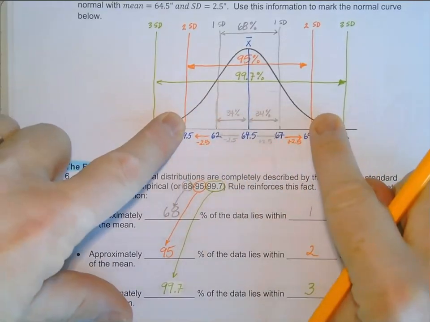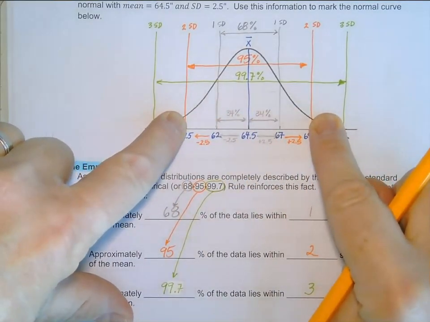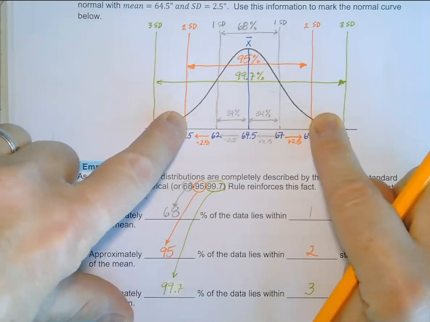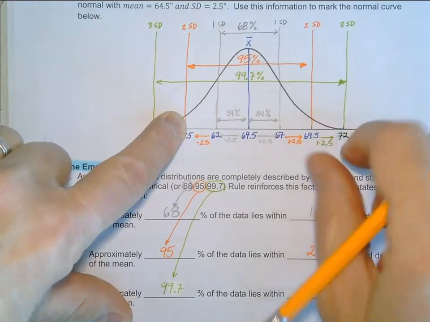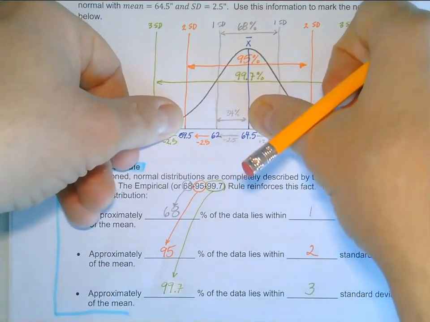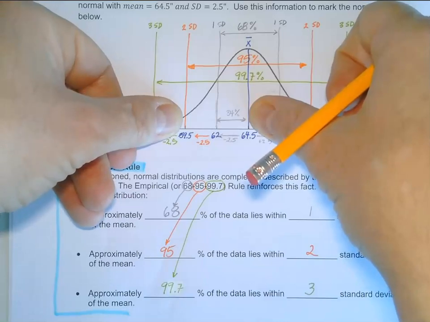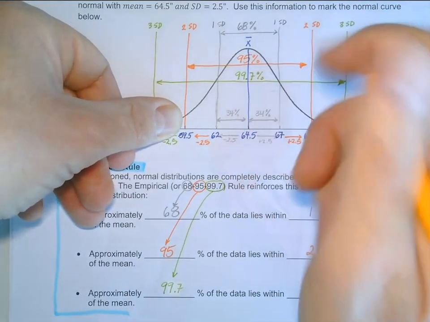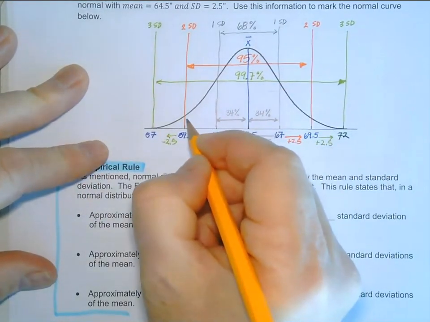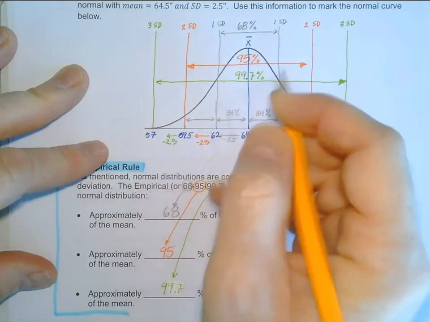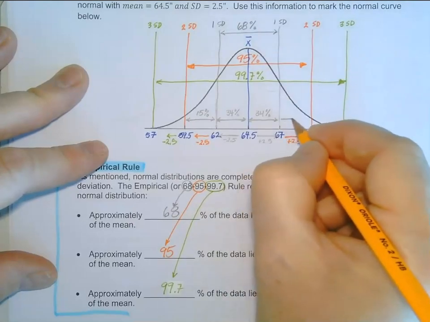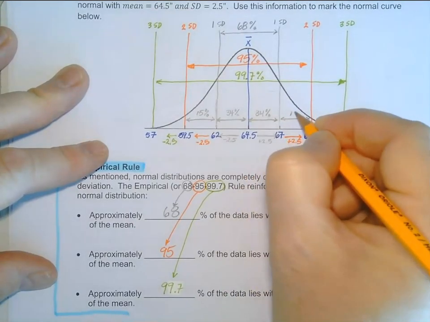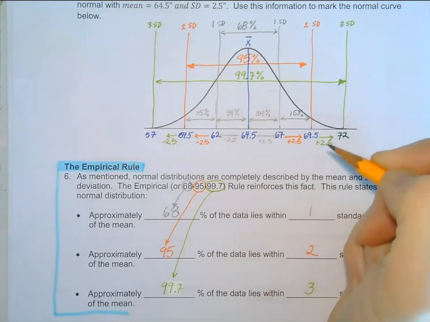And if going from orange to orange is 95% of the data, half of that would be 47.5%. So going from here to here, wouldn't that be 47.5%? And then you would subtract the 34%. That means that 15% of the data is going to be from here to here. Does everyone understand where I got that number from? Yeah?